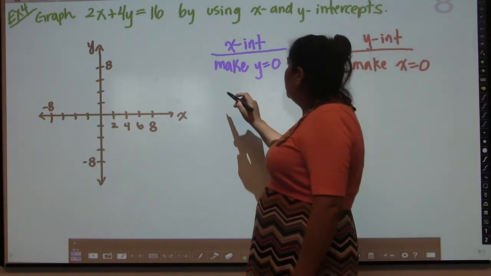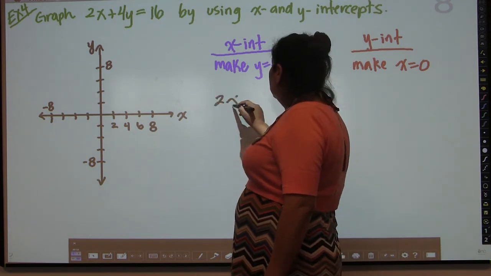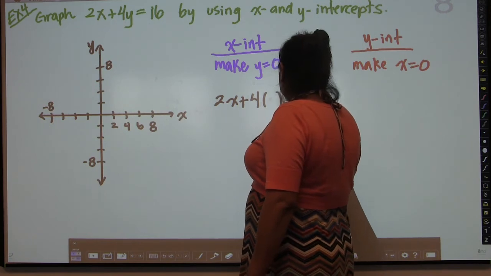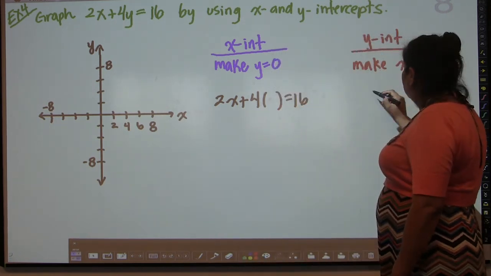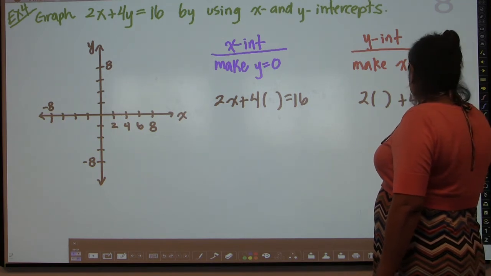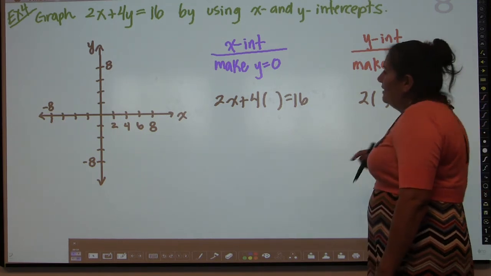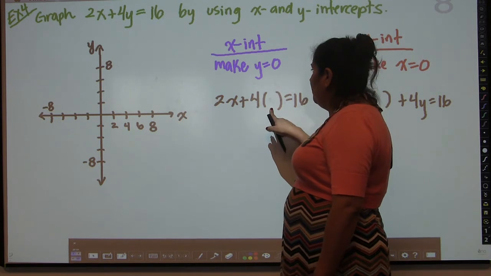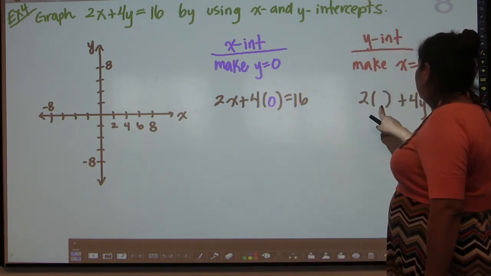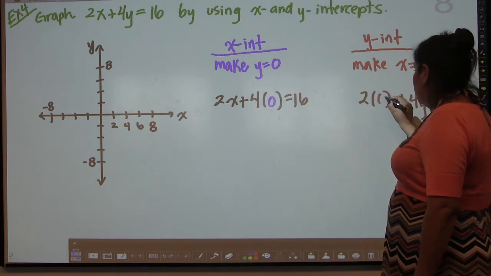So we're going to say 2x plus 4 times y equals 16. And over here we're going to say 2x plus 4y equals 16. Notice that I left the y spot open because I'm going to make y equals 0. And in this case, I left the x spot open because I'm going to make x equals 0.